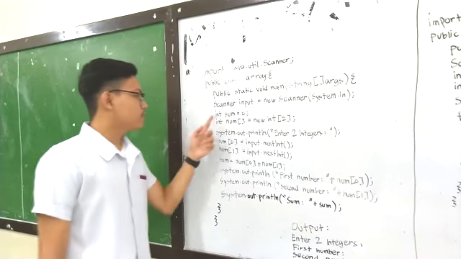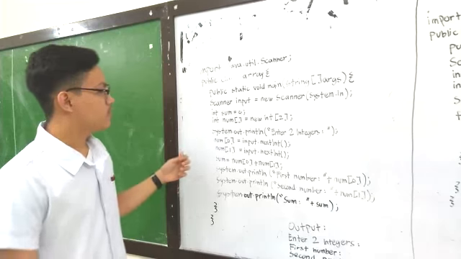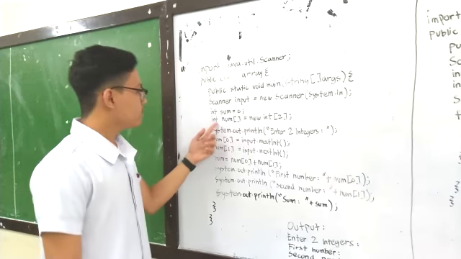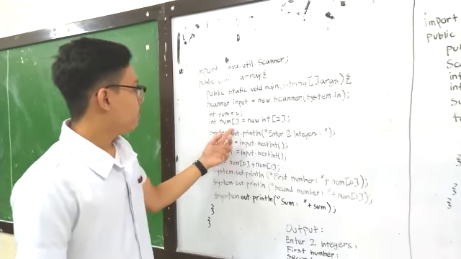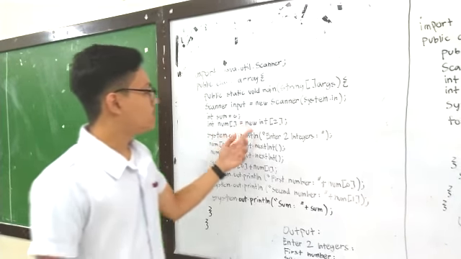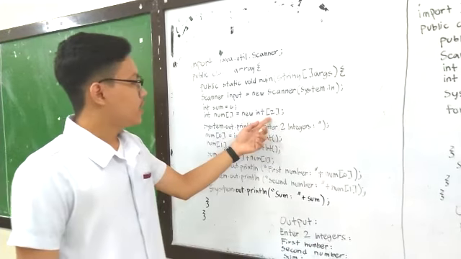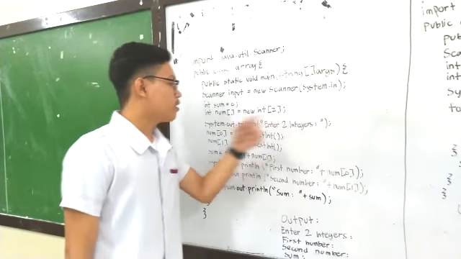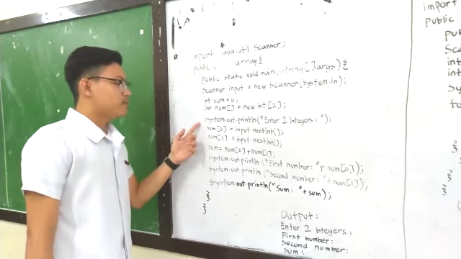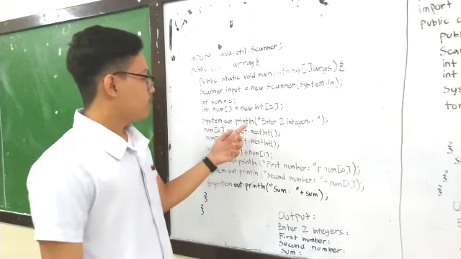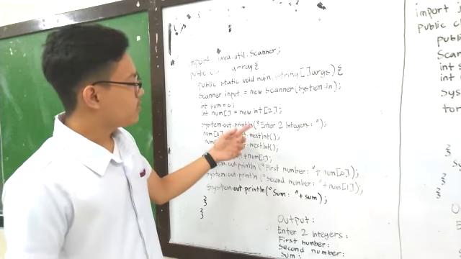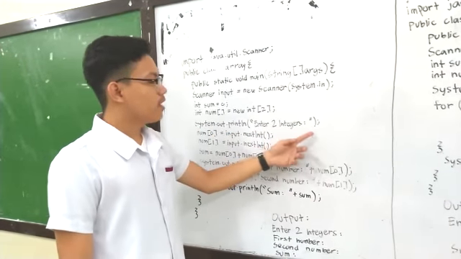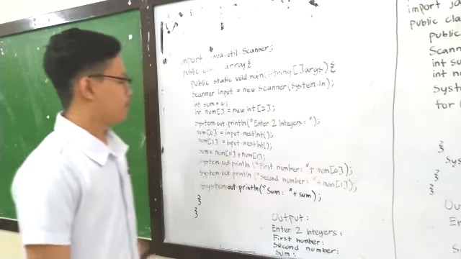Declaration mo ang int sum equals 0, then semicolon. Int num, open and close bracket equals new int, tapos size index 2, semicolon. Then System.out.print, open parenthesis, "Enter two integers", then close parenthesis, then semicolon.